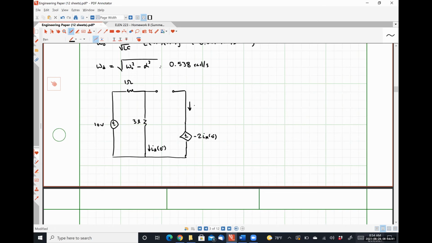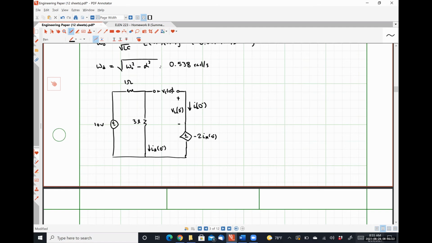Here is our current IL, I at 0 minus. Here is our voltage, VL at 0 minus. And this is our voltage VC at 0 minus, okay?